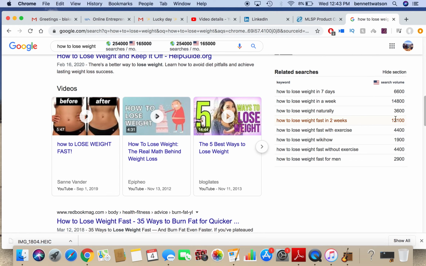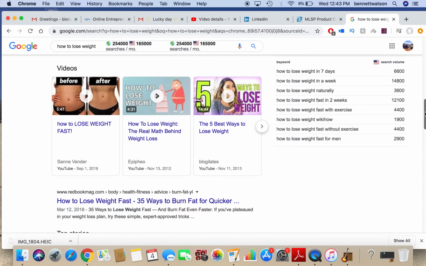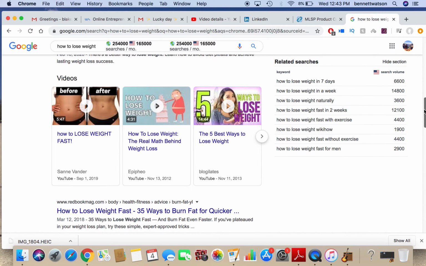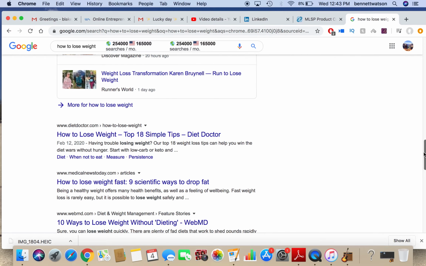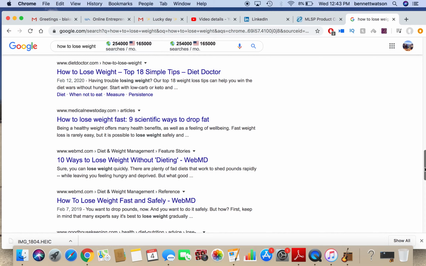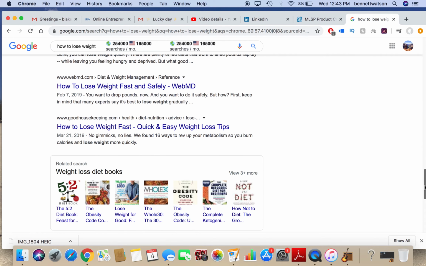Some of these ones that are like 12,000, those might be hard to rank on the search engines. But if you're using social media, that doesn't really matter, because if you build a network of people, you can market to your network, and you'll never run out of ideas to create content around your product or service, just by doing some simple keyword research.